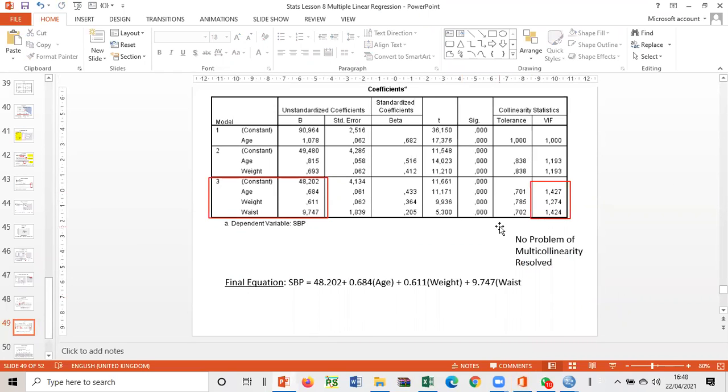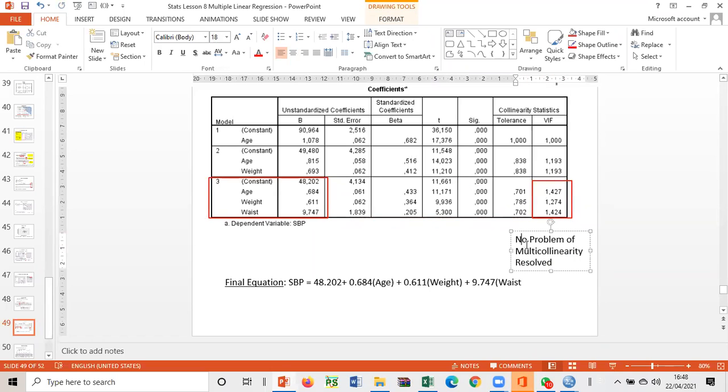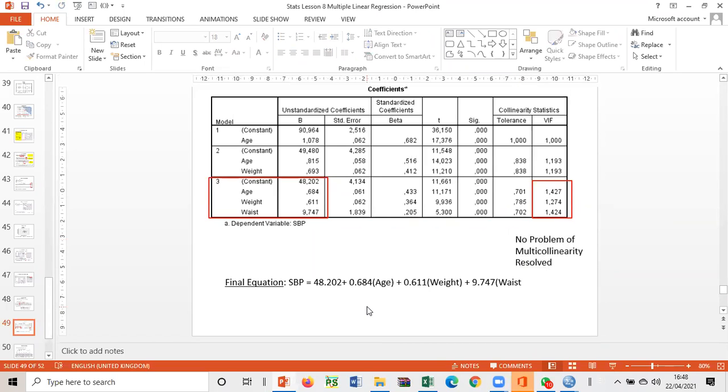Right. Are they all significant? Look at this one here. All the 3 variables, are they significant? Yes. What about VIF? Is the highest value less than 5? Yes. So the VIF problem has been resolved.